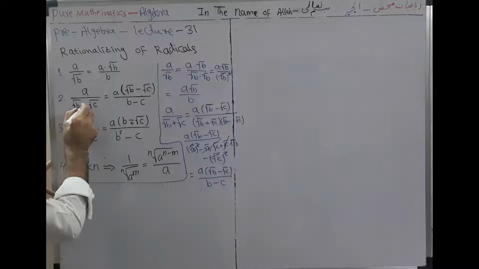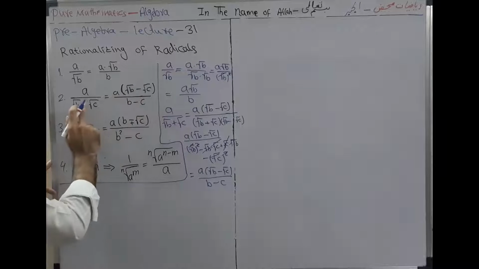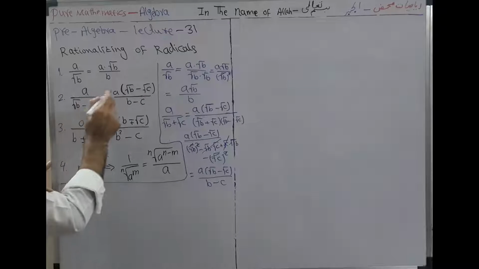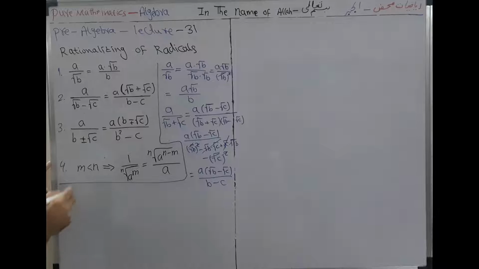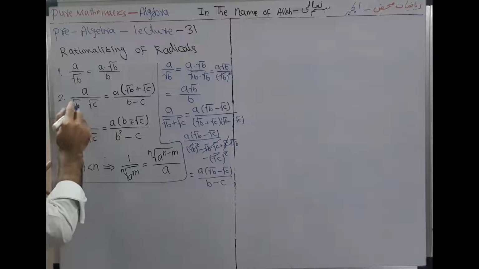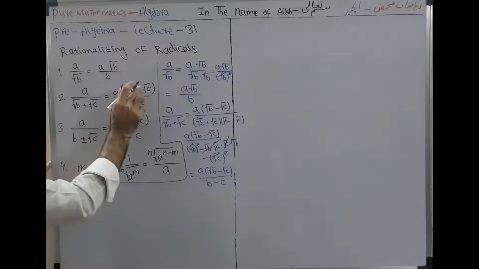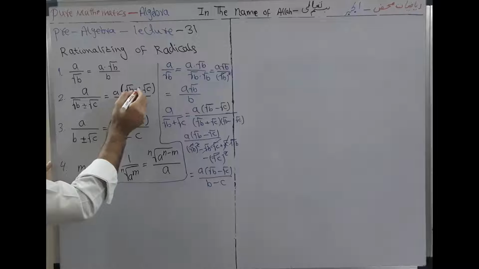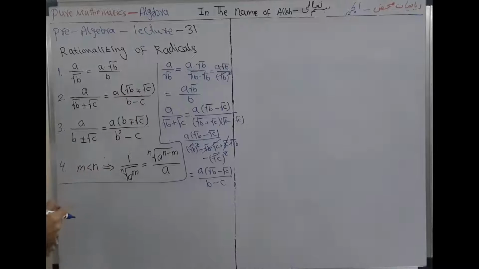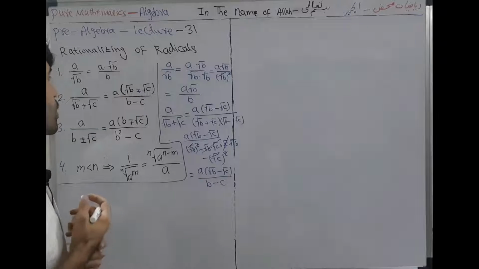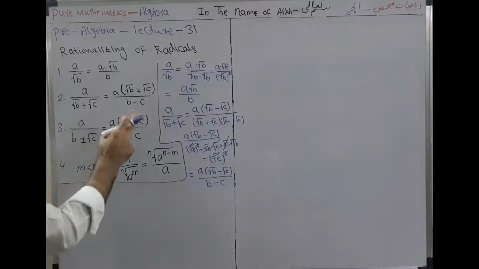If it is negative, we get the other one. But generally, in both cases, we can write a over square root of b plus minus square root of c equal to a into square root of b minus plus square root of c, over b minus c.